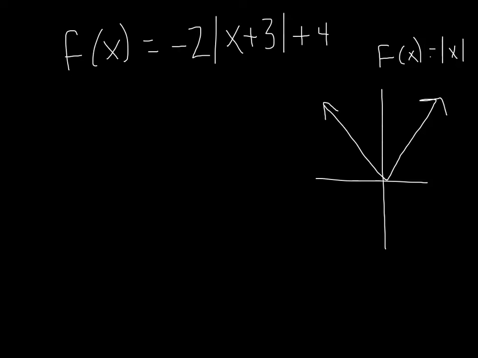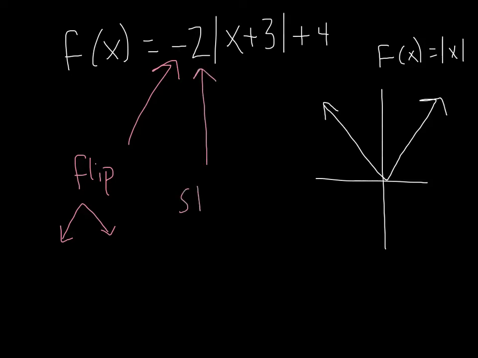The negative sign right here makes the graph flip over so that instead of facing upward, it's going to face downward. The 2 right here makes the graph stretch. So what that's going to do is make the V a little bit skinnier.